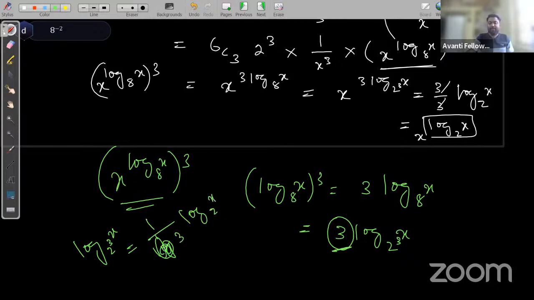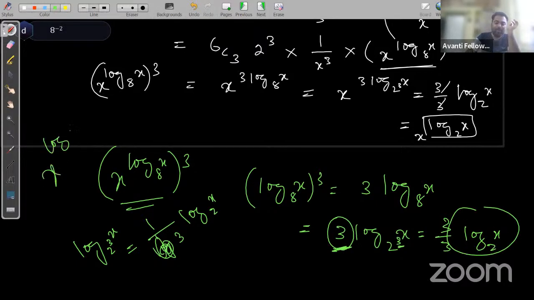Similarly here, the base is 3 and it is multiplied with 3, so 3 by 3 log of x to the base 2. So this becomes x to the power log of x to the base 2. This is actually what happened here. I did the calculation here.